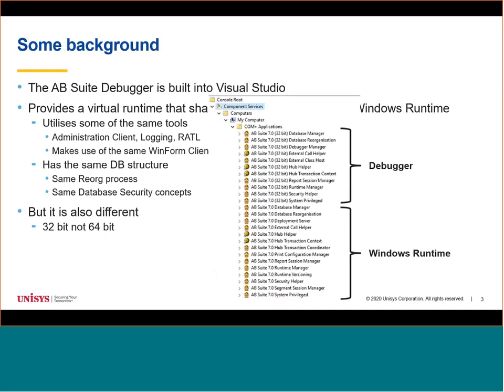Now what this means is that if you decide to look, you'll actually see underneath Component Services there are what's called COMPASS applications, and there's a bunch of those that have got 32-bit in the title, and they're all the ones to do with Debugger, and then there was a whole bunch of them to do with Windows runtime. But you'll see here we've got one called Database Manager, and we've got another one here. A lot of the same infrastructure. So the way it works is similar to Windows runtime, but not exactly the same.